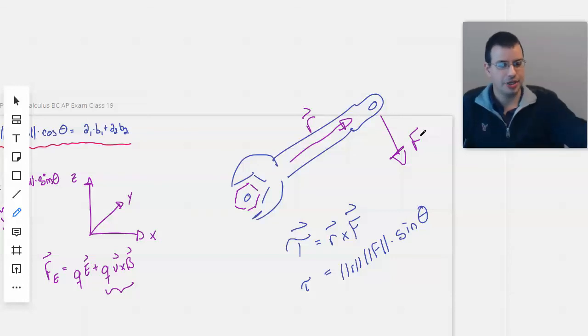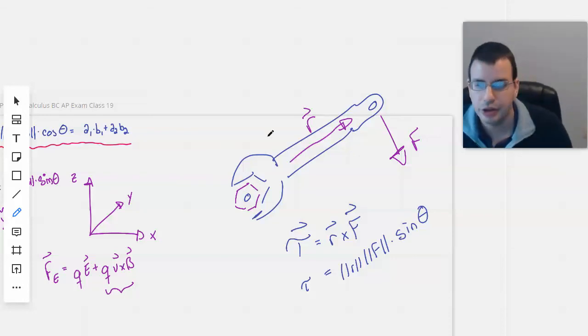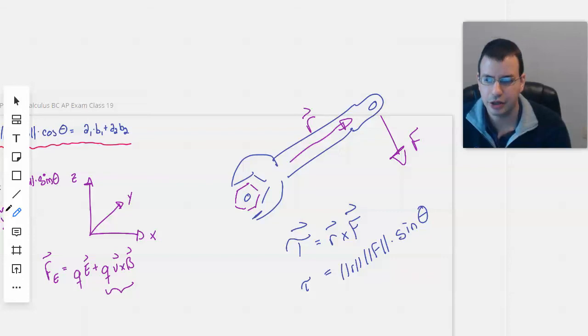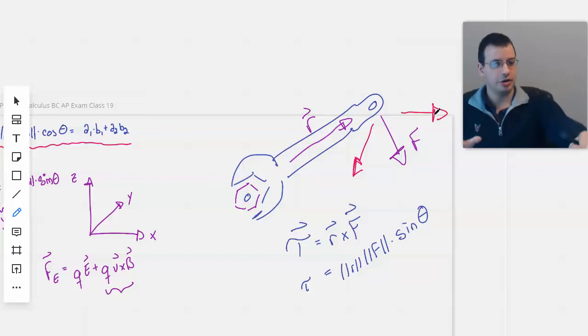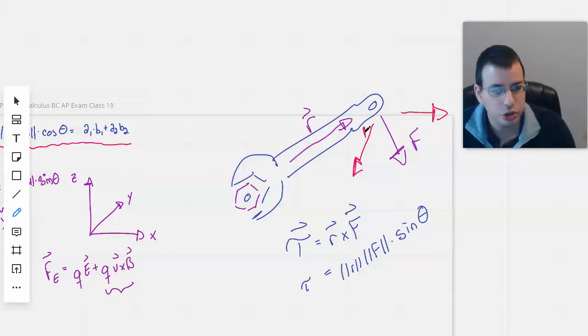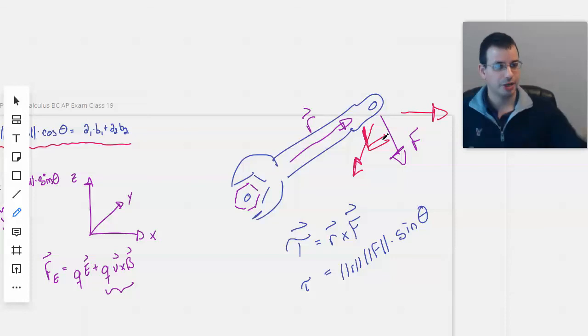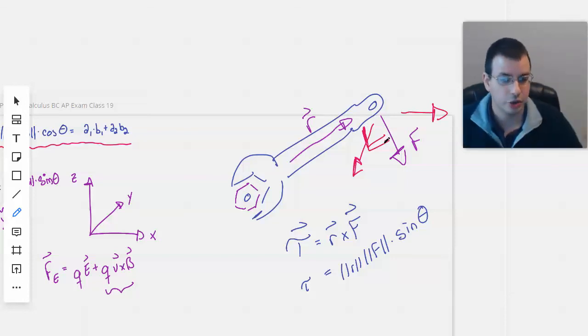By pulling perpendicular to the wrench, you're going to get the most effective torque. Intuitively, you think that you'd want to pull that direction as opposed to this direction or that direction. You want to make the force that you pull as close to 90 degrees as possible. And by doing 90 degrees, you're going to get the best torque out of it.